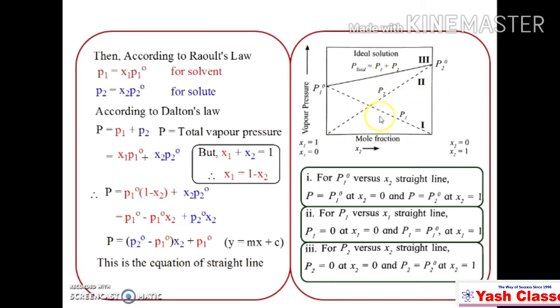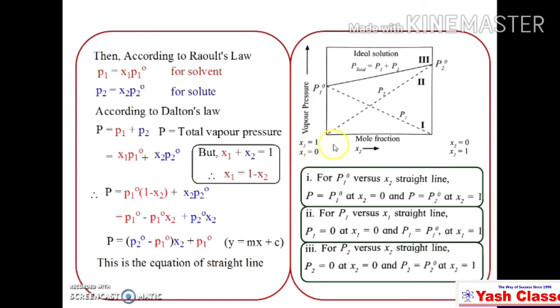Now look at this graph. In this graph, vapor pressure increases along the y-axis and the mole fraction of component 2, that is A2, increases along the x-axis. Actually here it should be x2 and not x1.